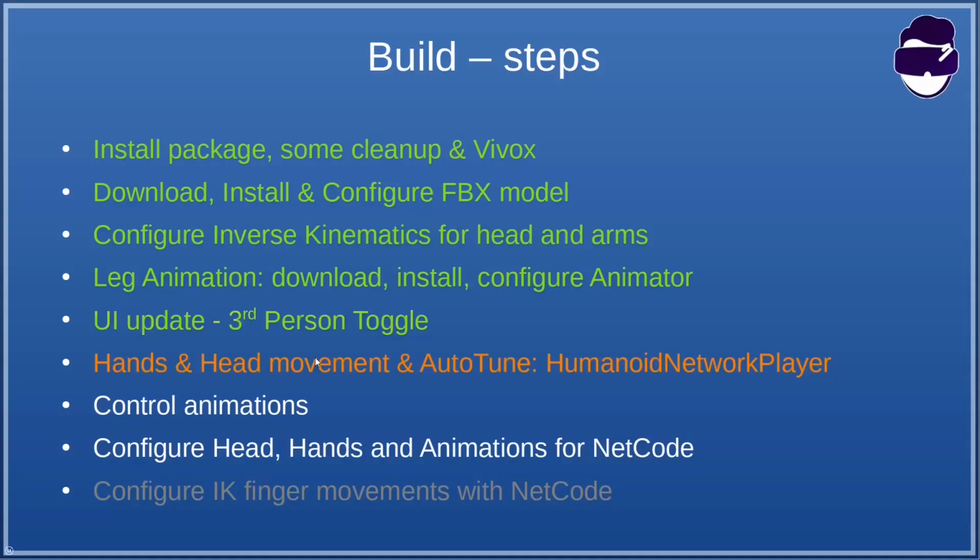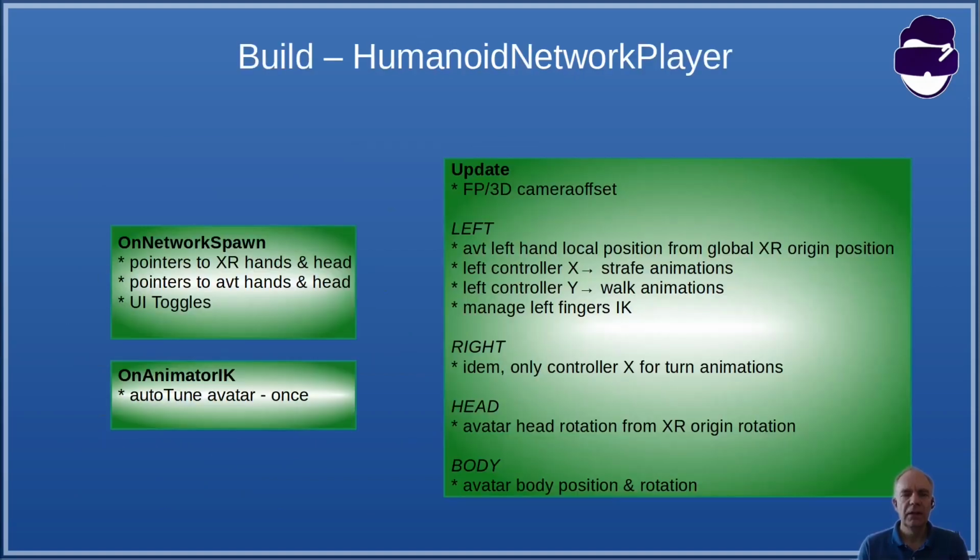And now we'll go into the hands, the head movement and the auto-tune. So let's roll up our sleeves, folks, because we're going into the weeds when it comes to our scripting. Let's quickly look at the program structure that we want to build for the Humanoid network player. It's very similar to the network player script. On the left side, we have two functions called OnNetworkSpawn and OnAnimatorIK.